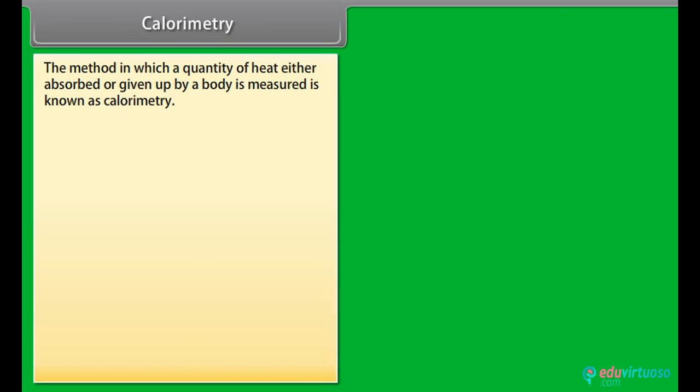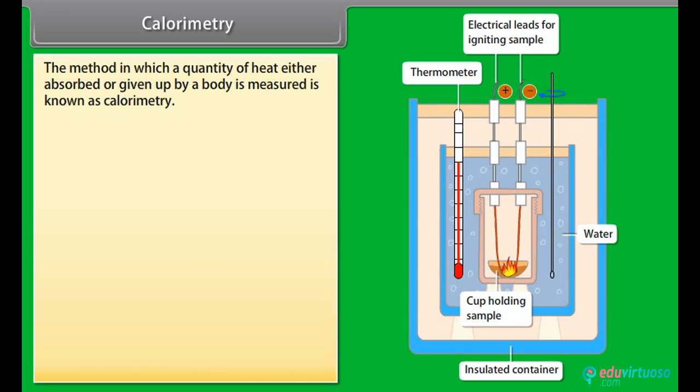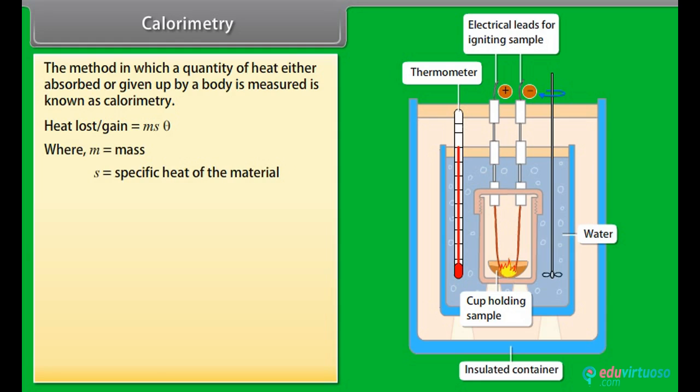Calorimetry. The method in which a quantity of heat either absorbed or given up by a body is measured is known as calorimetry. Heat loss or gain is equal to m s theta, where m is equal to mass, s is equal to specific heat of the material, and theta is equal to change in temperature.